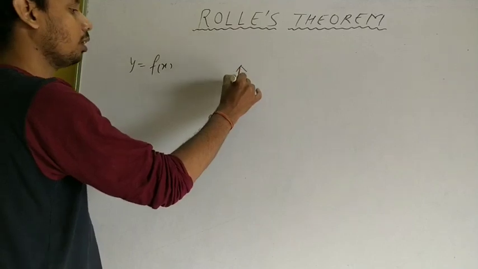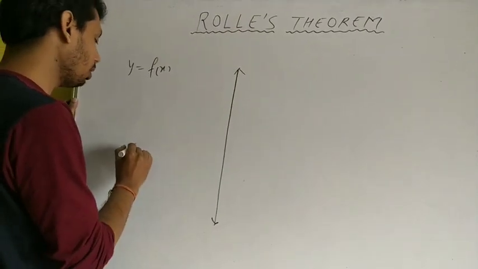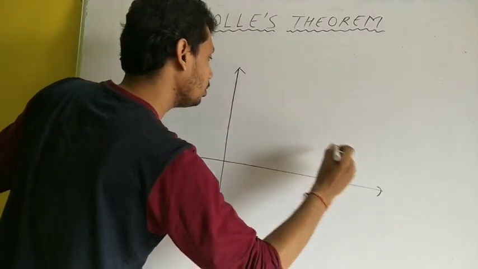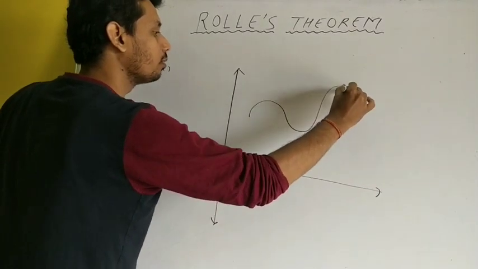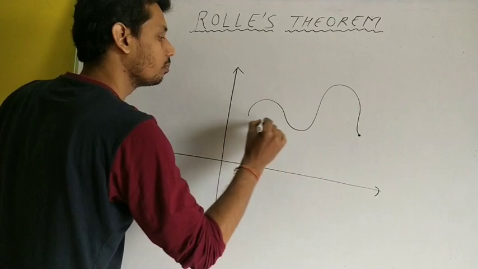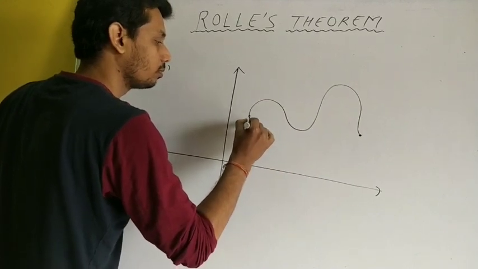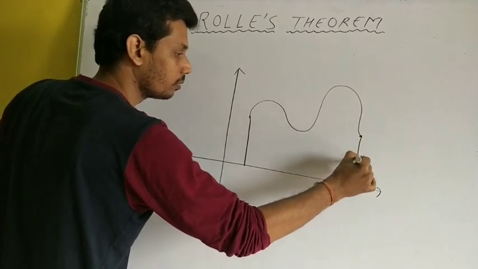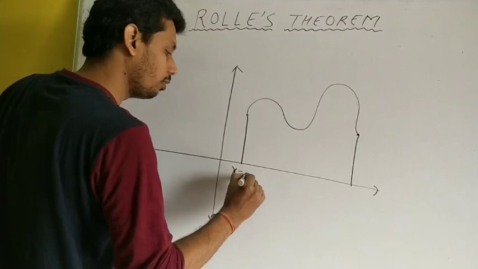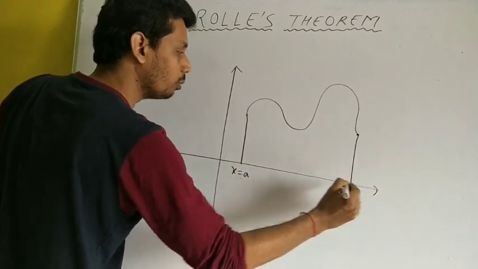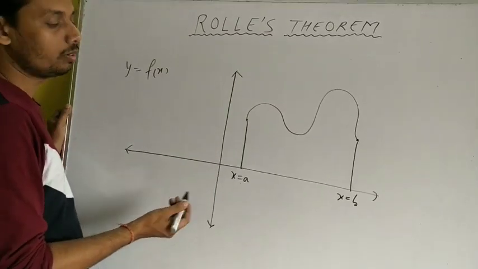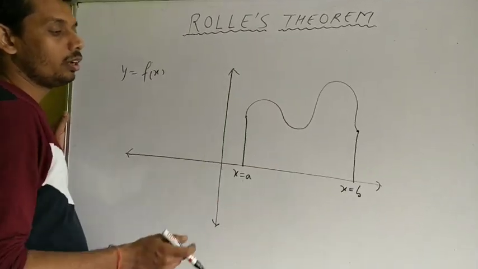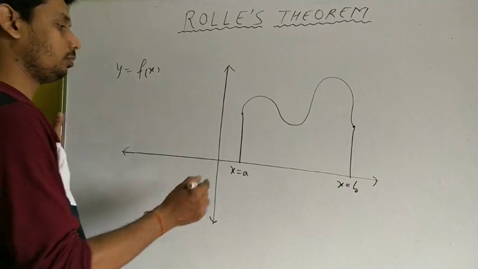If we plot this curve, this is x is equal to a, this is x is equal to b, and this is y is equal to f(x), which is defined in the closed interval from x is equal to a to x is equal to b.